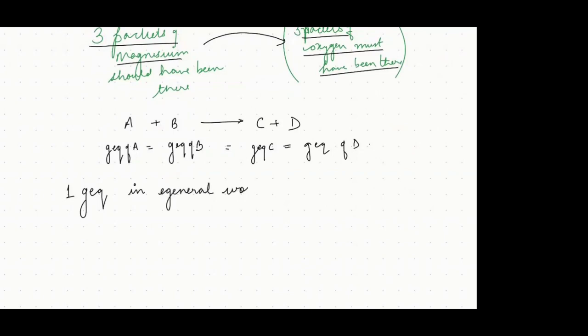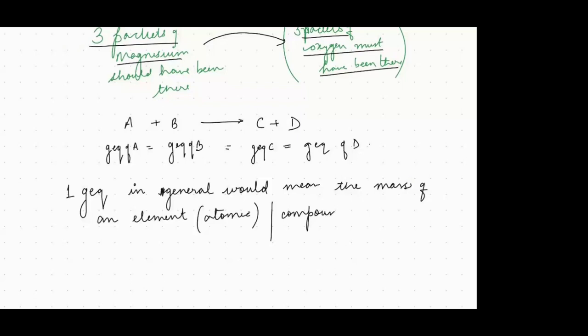So 1 gram equivalent in general would mean the mass of an element, generally in the atomic form, or the compound, which can lose or gain or transfer 1 mole of electrons.